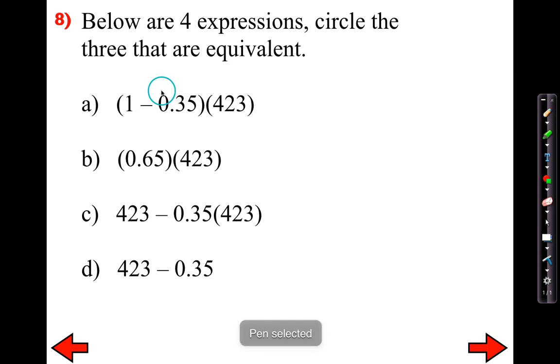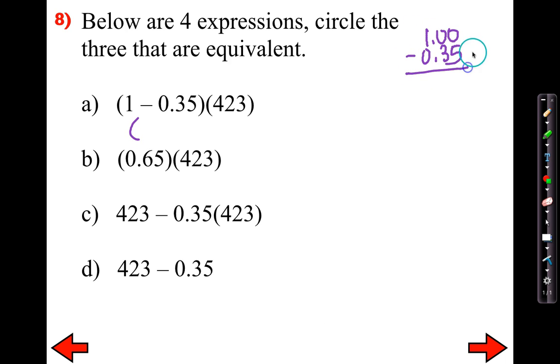So here, I'm going to go ahead and solve what's inside the parentheses first. If I take 1 and subtract 3,500, I am going to be left with, let's see, 1 minus 3,500. We're going to make this a 10, a 9, and a 0, 5, and 6.